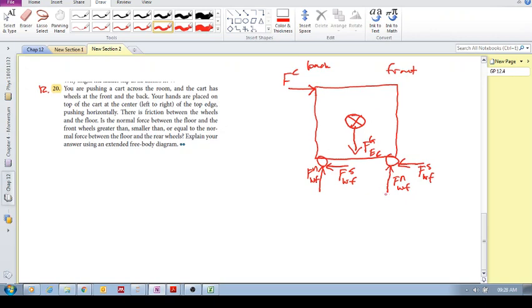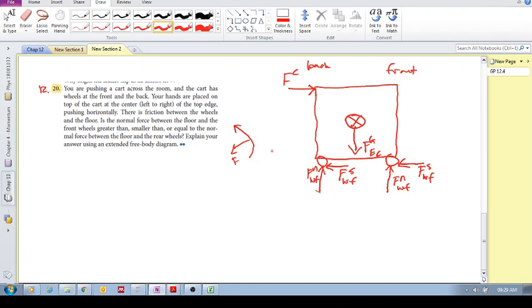They're asking, is this normal force greater than, equal to, or smaller than that normal force? Well, we had a bit of an idea of what's going to happen in a previous problem where a car went around a bend, with a friction force acting towards the center of curvature so the car would not slide off.